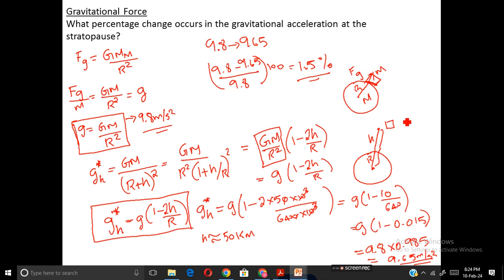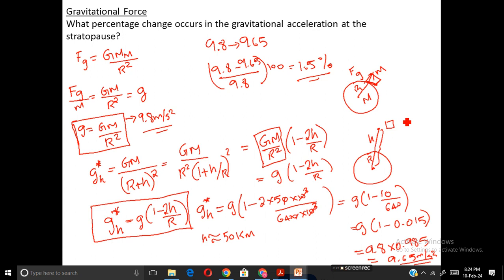So generally, when we are considering atmospheric motions, or if an air parcel is moving from the surface to a particular height, we consider the acceleration due to gravity to be constant because the change is very small. That's what we have seen now. This is for 50 kilometers. Atmospheric motions occur mostly within the troposphere, so 10 kilometers, 8 kilometers, that much height only.